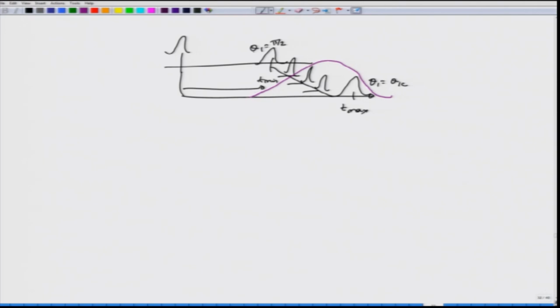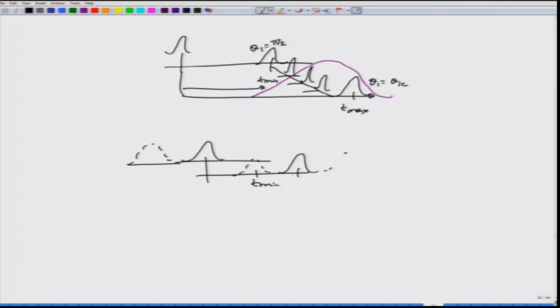You have just seen that the pulse essentially gets broadened, and if I had only a single mode of propagation, then I could just transmit another pulse right after this arrives at the receiver at T min. Maybe another pulse follows here. So, this pulse would arrive at the same time T min.